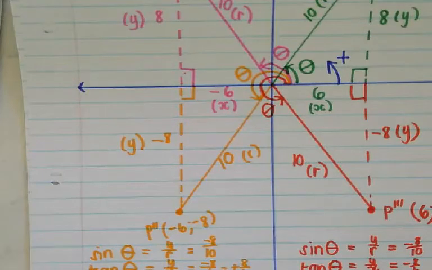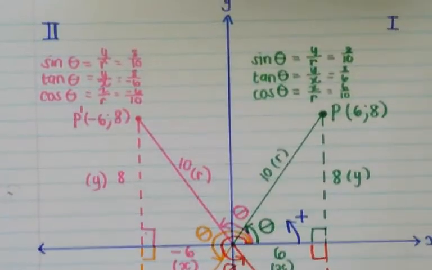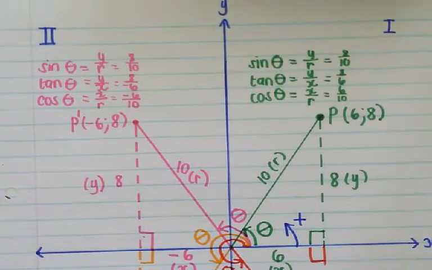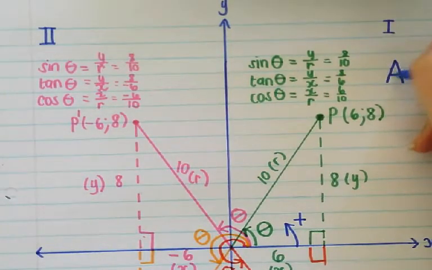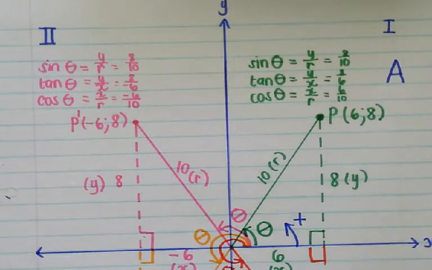Now I want you to look at sine, cos, and tan in terms of are they positive or negative in quadrant 1. So going back to quadrant 1, sine, cos, and tan, positive or negative? All three are positive, right? So just for the time being, I'm going to write the letter A for all. Look at quadrant 2.